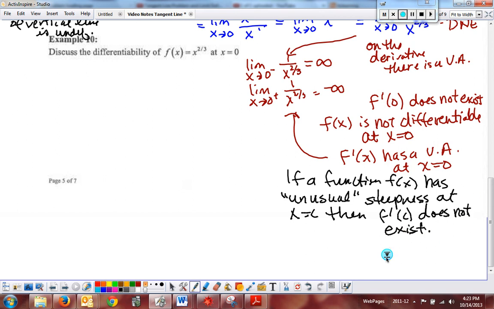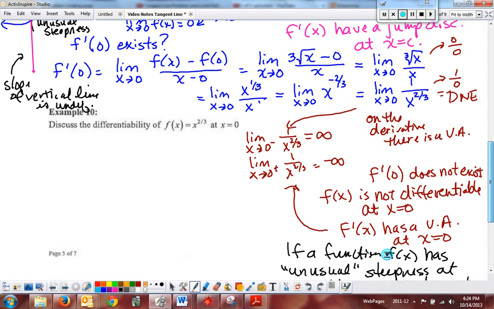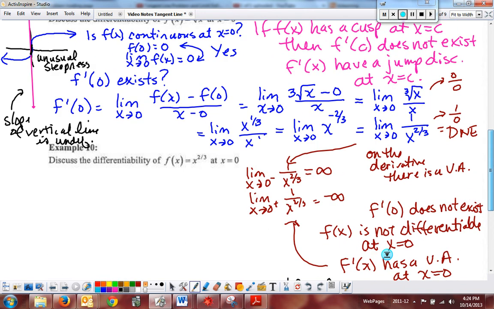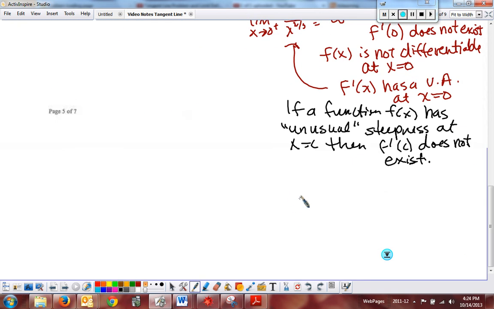Now, I do want to caution you, though, that there are going to be functions. Don't think just because this has a point of inflection that every point of inflection is unusually steep. If I was doing the cubic, y equals x cubed, this point right here actually does not have unusual steepness. It has unusual horizontalness.